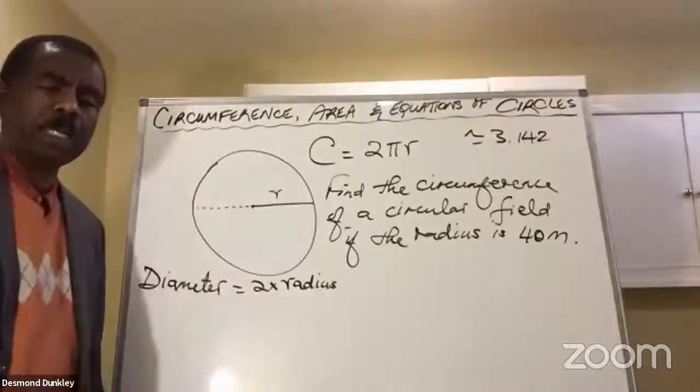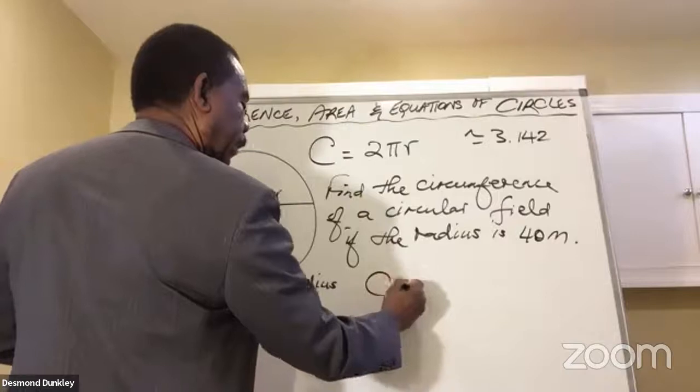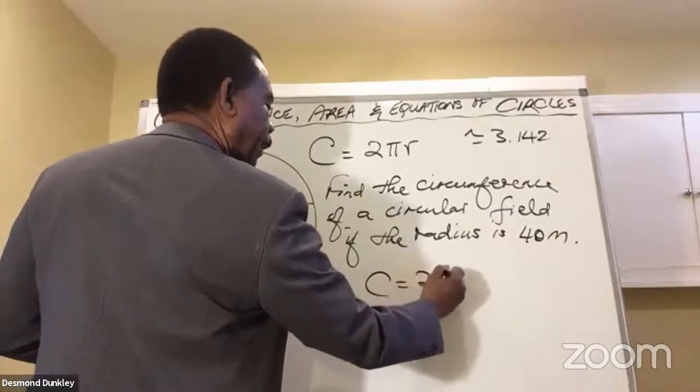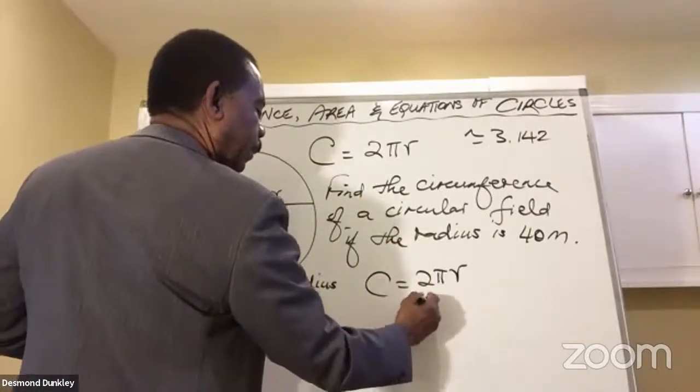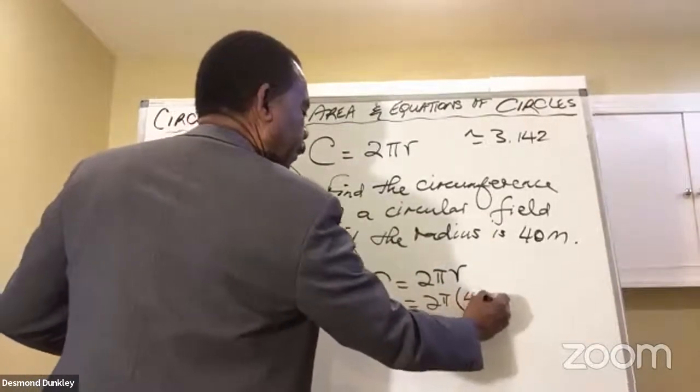So the radius is 40 meters. What is the distance around that field? So C is equal to 2 times pi times r, which is equal to 2 times pi times 40 meters.